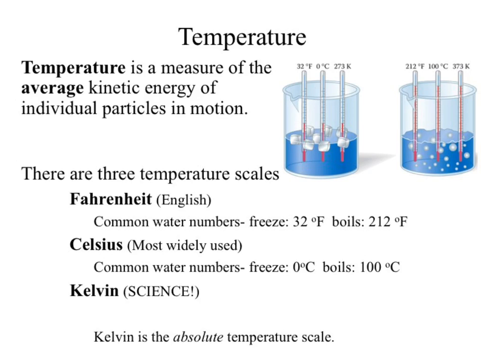Celsius, similar concept. We picked some kind of arbitrary numbers. We picked our freezing point to be 0, and then we picked our boiling point to be 100. Why might Celsius be a little bit easier to work with? It's an easier scale if we consider what things we would most commonly use, like water.